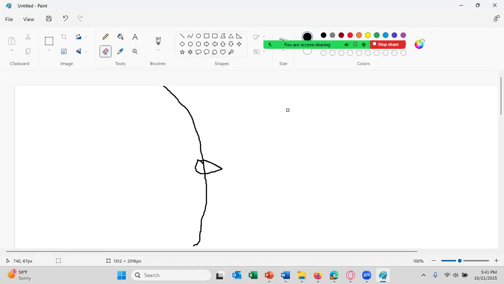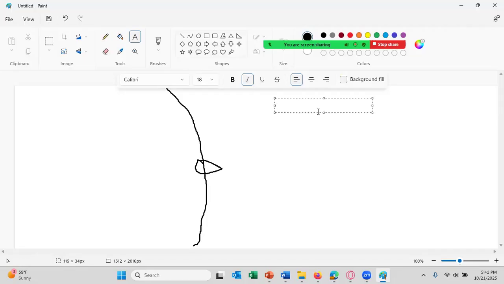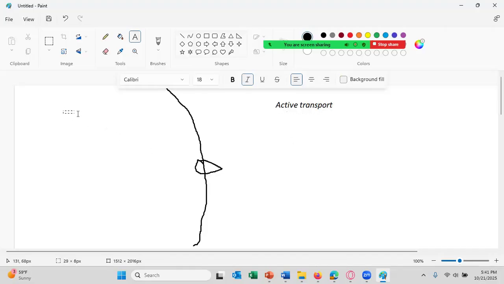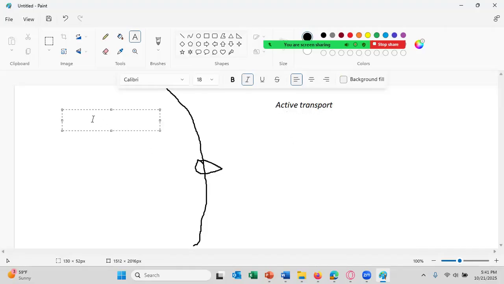Let's say we only move the molecule in by active transport. And let's say we have 10 molecules of glucose inside the cell.